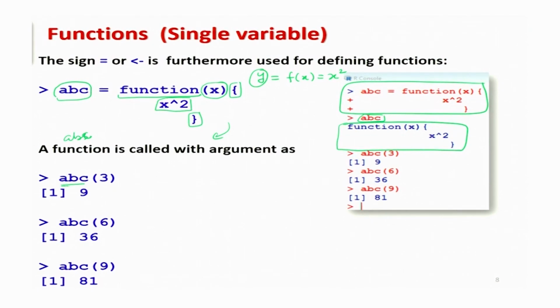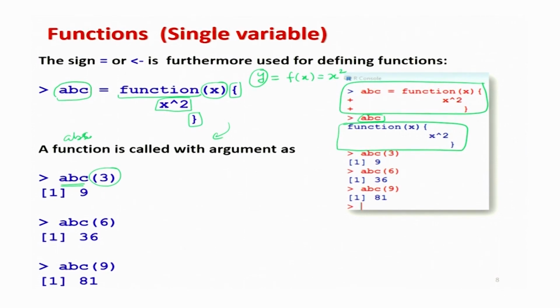Write the name of the function, and inside the parenthesis give the input values. If there is only one value, then you have to give only one value, but if there is more than one value, then you have to give the inputs in the same order in which they have been defined in the function. That is what you have to keep in mind. Okay?